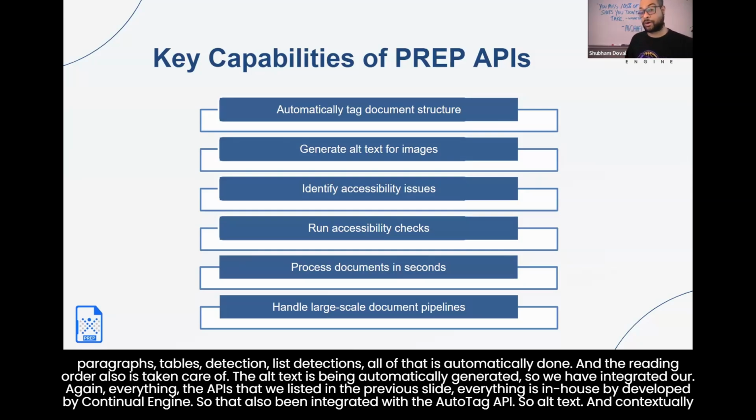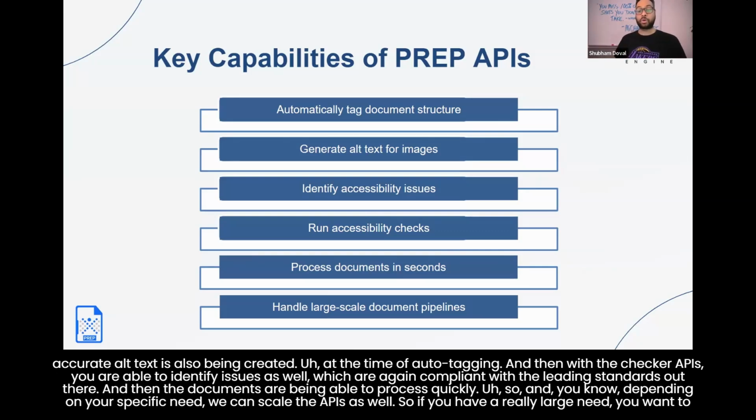The alt text is automatically generated. Everything, the APIs that we listed in the previous slide, is developed in-house by Continual Engine, so that has also been integrated with the auto tag APIs, and contextually accurate alt text is created at the time of auto tagging.